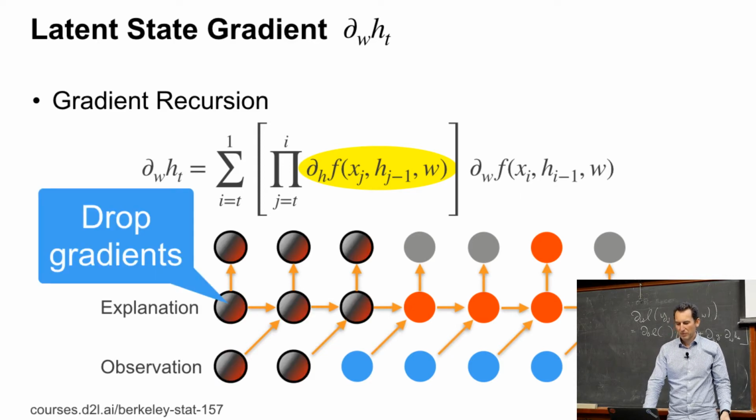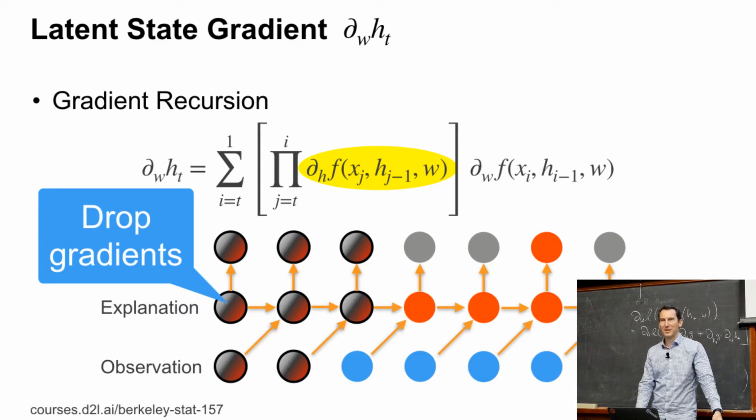So one way to fix it is to say, well, let's just forget about the earlier part and only look at the dependence that I've seen later. Okay, so why are we doing that? That doesn't feel right. People first started simply doing this without thinking very much about it. They implemented it, ran the model, and it worked. So it's like, hey, we hacked it and it works, so it must be good, right?